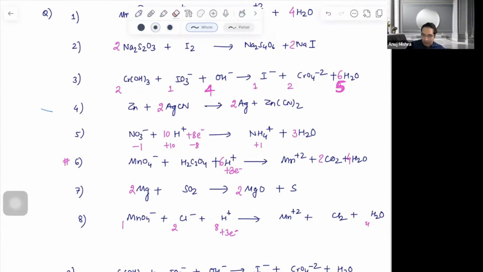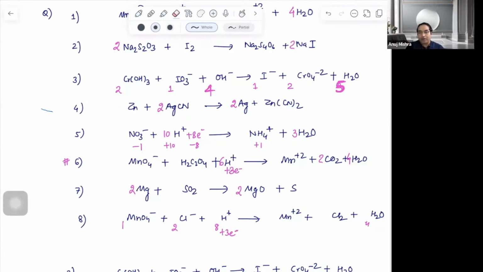Check it. Also check that in this equation, I'm not using any extra electron. Just observe that. IO3 minus is becoming I minus, CrOH whole thrice becoming CrO4 2 minus. I'm not writing any extra electron. The same you have to follow for question number 6 also, because in 6 you're adding electrons, that doesn't make much sense. So can you do it without adding electrons? Jia, is it clear?